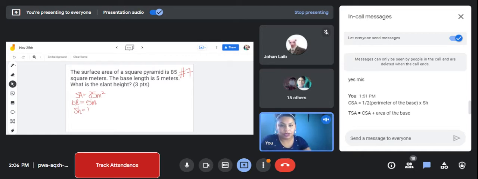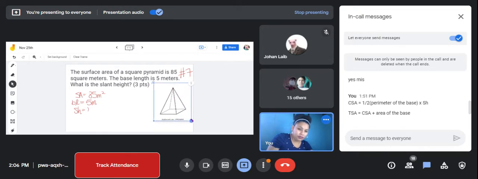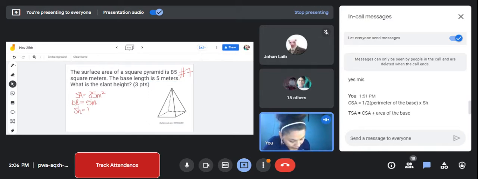Let me add a picture here to see if you guys can understand it. So this is the square base pyramid, and they're telling you that this over here is 5, and you need to find this length. And they give you the total surface area.